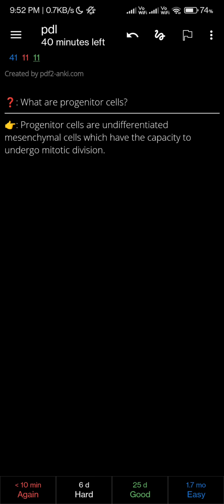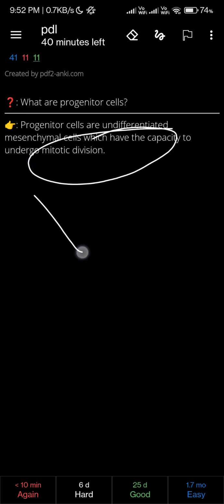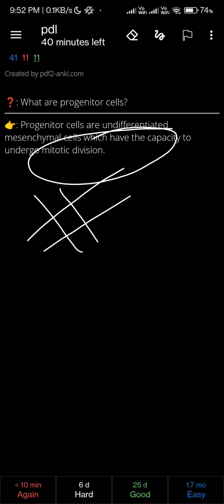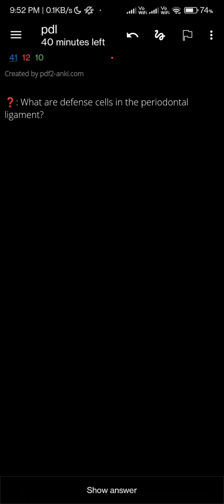Mesenchymal cells have the capacity to undergo mitotic division. So progenitor cells are undifferentiated mesenchymal cells that have the ability to undergo mitotic division.